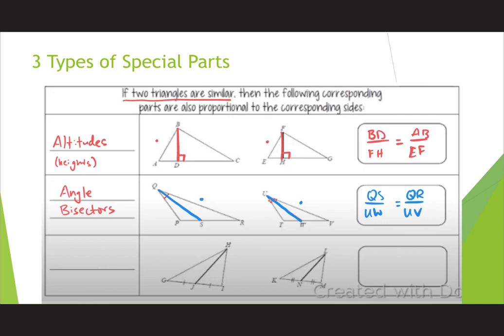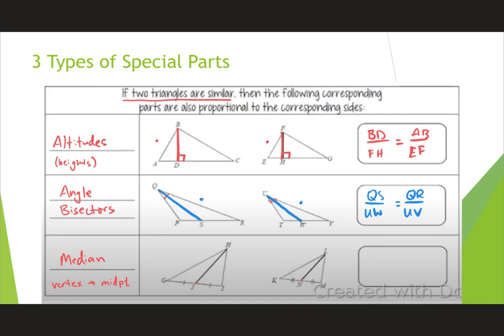Last but not least, this one down here is a median. Hopefully you're remembering this, or you can just see by the picture, but the median is going to intersect the midpoint of the opposite side. So it has to come from a vertex and go to the midpoint, just like an altitude has to go from a vertex to the opposite side.